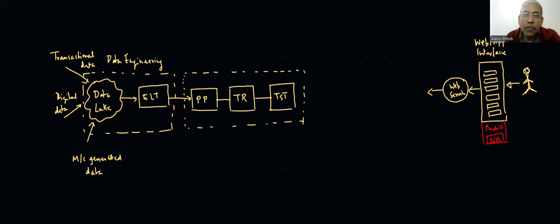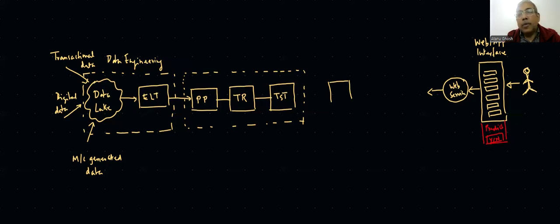Now, if the same treatment is not given to this particular input data, then the model will not work on this data because the model is trained to work on data that is already pre-processed. So that means the same set of pre-processing has to happen on this input as well. Okay, so let me just put the element on the other side.